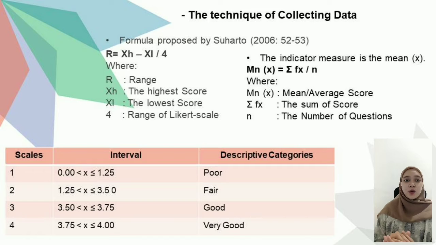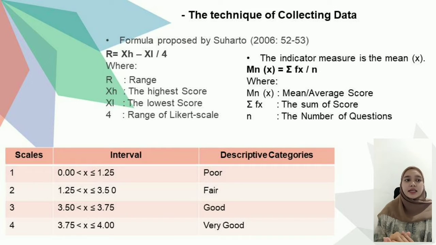This is the formula in the technique of collecting data, where R is the range, and then XH is the highest score, XL is the lowest score, and the last, 4, is the range of the Likert scale.